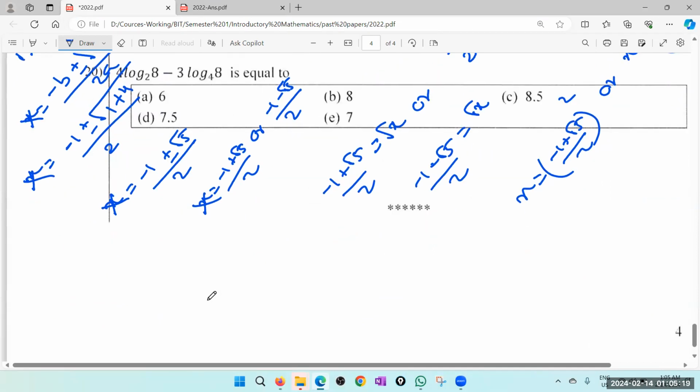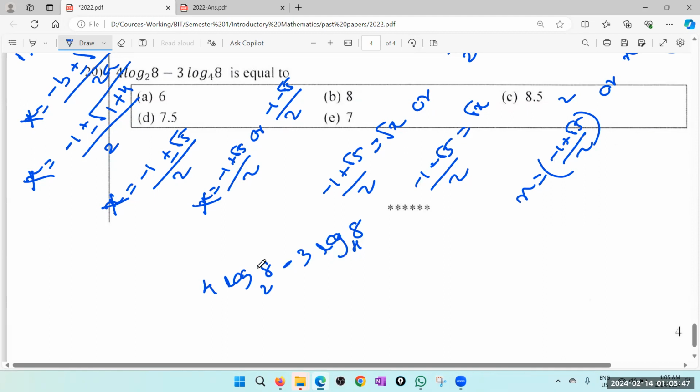4 log 28 minus 3 log 4 8 is equal to, it's an arithmetic question, it's not an algebraic question. So you can't apply any formulas related to logarithms when you have different bases. And also, I don't like to keep these things, I like to take it inside.